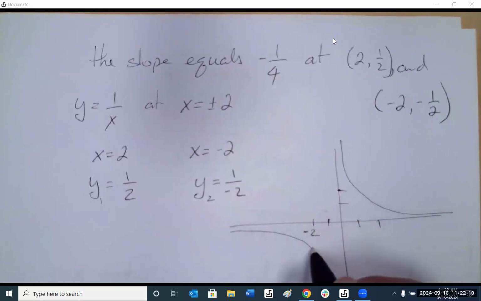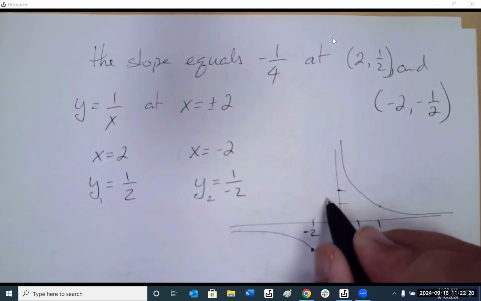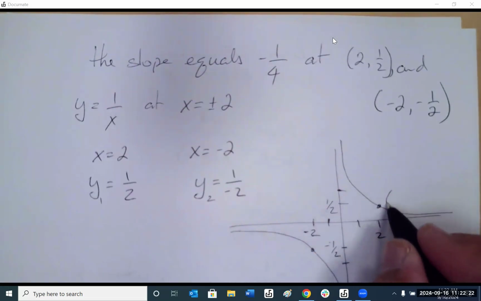So at negative 2, it's negative 1/2. At positive 2, it's positive 1/2.